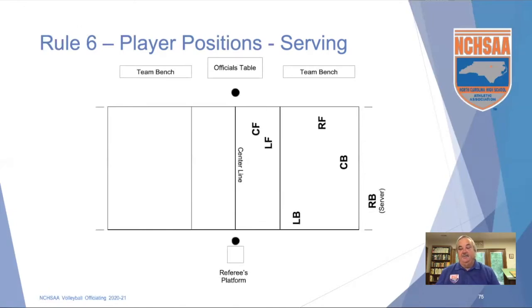So in a practical case, here's a lineup we might see. The right back, who is the server, is moved all the way over to the left-hand side to serve. Okay, they'll oftentimes serve from the middle, but oftentimes from the far left-hand side. And we look at our relative positions. Okay, so the right front is closer to the sideline than the center front.